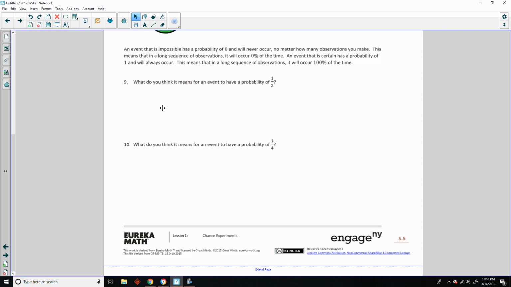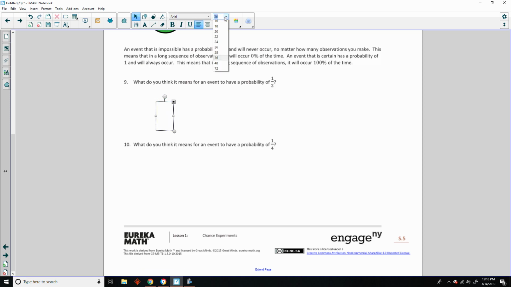So I'm going to type this because it's hard to write. So let me start a text box with a normal text size. What do you think it means for an event to have a probability of 1/2? So an event is equally likely to occur.